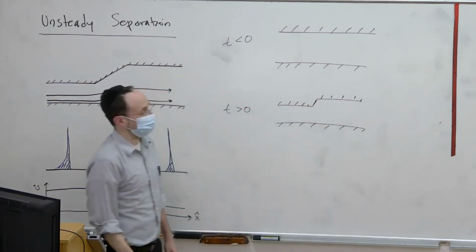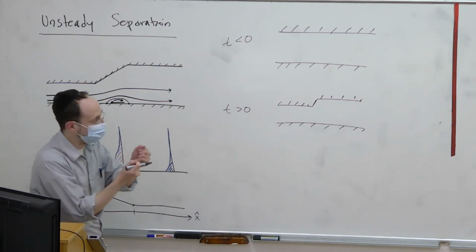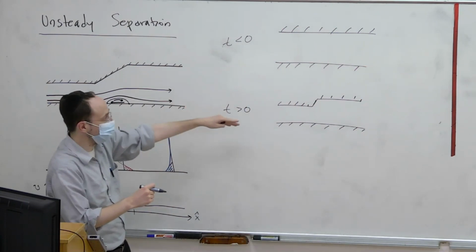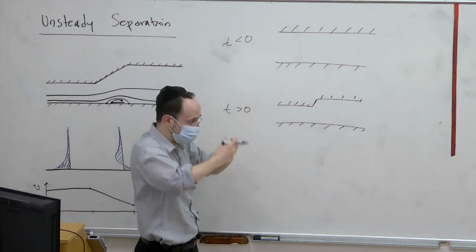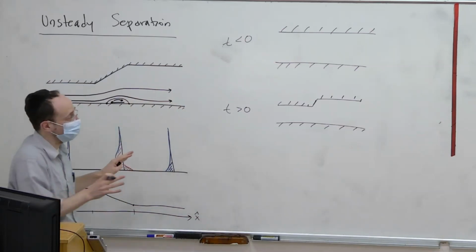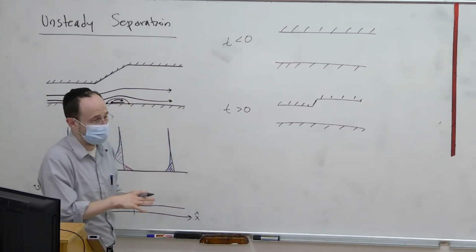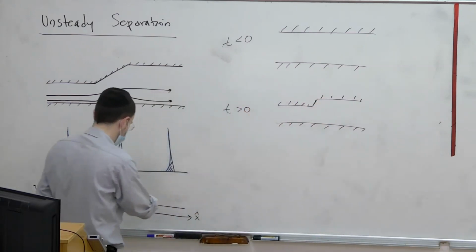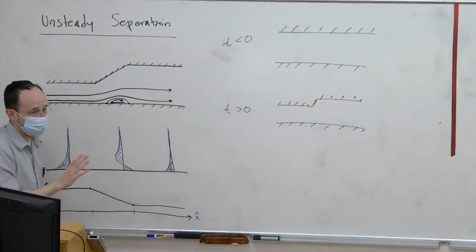You can imagine that we have a mechanical mechanism that can all of a sudden change this wall. You press a switch and the wall changes shape very suddenly. So now we have this sudden pressure gradient that appears. Or you don't even have to think about the wall at all. You could just imagine we have a magical pressure gradient that I can turn on with a switch, and it would correspond to this sort of deceleration of the flow.